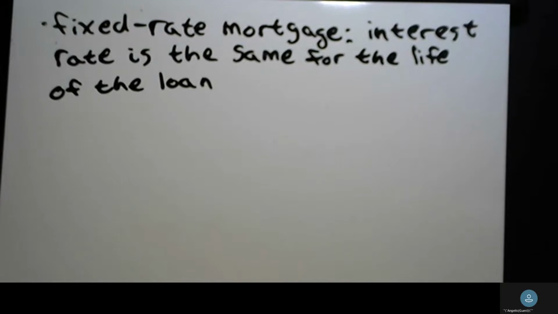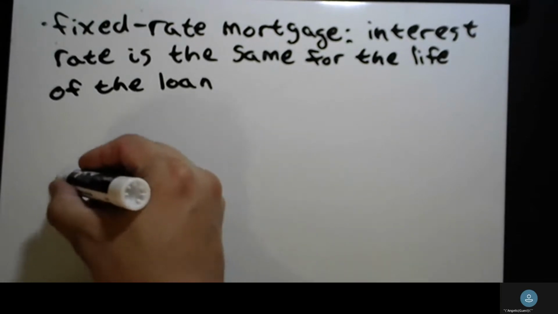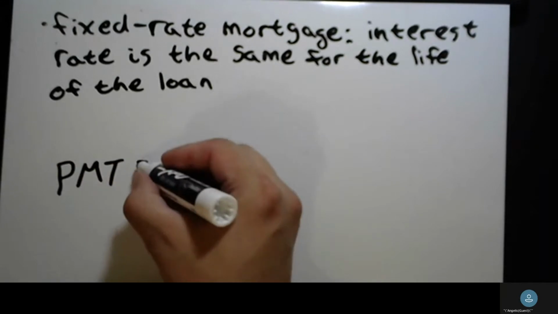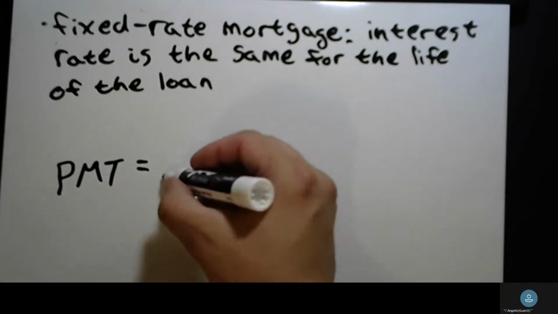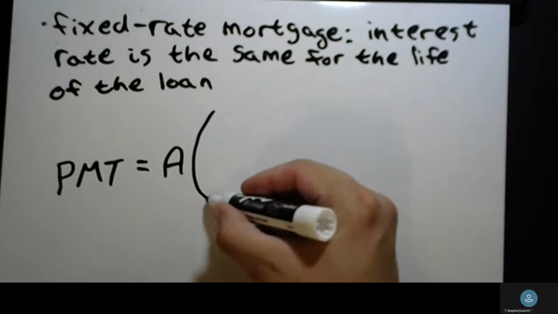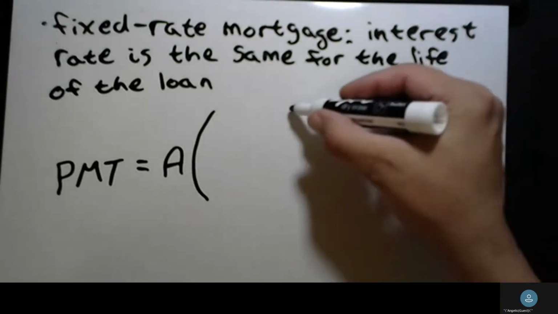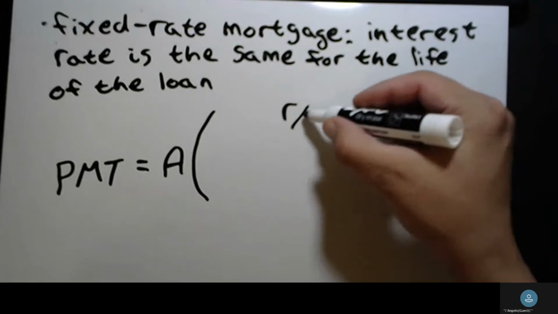Now, the mortgage payment is again going to be similar. The formula for mortgage payment is going to be that same formula we've seen before. And so we want to be careful with how we do these calculations.